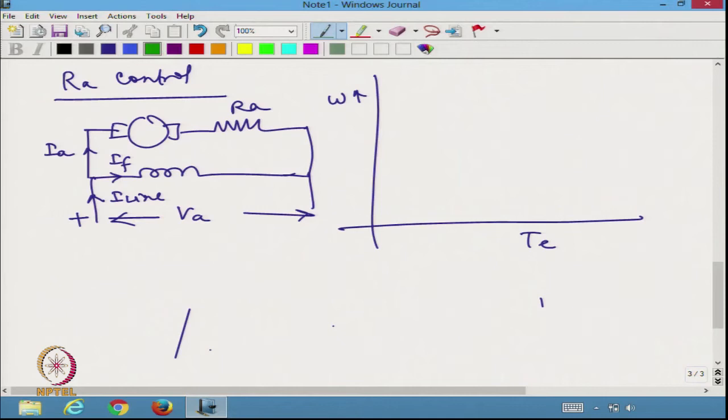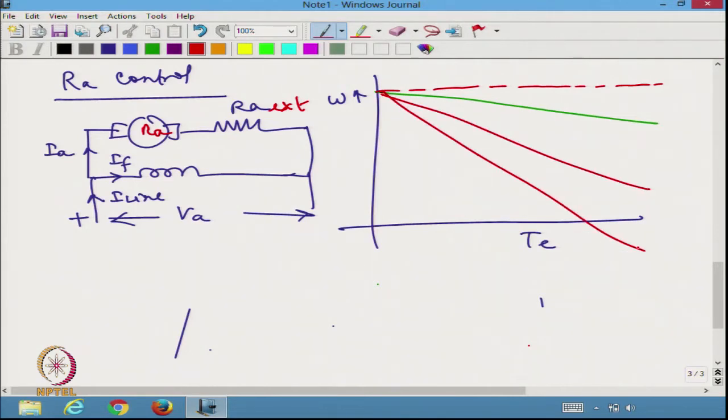I am going to have maybe the natural characteristics somewhat like this. If the machine had been ideal, I would have had the characteristics somewhat like this. Now, I am trying to increase more and more resistance. This is RA internal, this is RA external. If I include more and more resistance, more and more drop would take place.